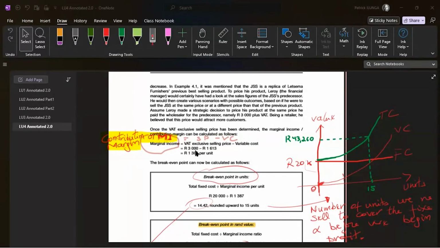Yes, plus VAT, meaning VAT hasn't been added yet. That's why, look here, it says marginal income equals VAT exclusive selling price. So when they want to sell it, they need to add the VAT. Okay.